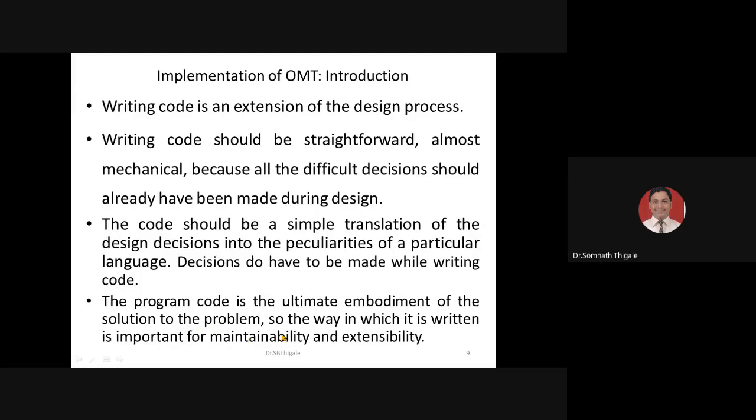The way in which it is written is important for maintainability and extensibility. Among the advantages of object oriented programming languages, one of the highlighting advantages is extensibility. Suppose I have developed the system for 100 students, and in future I get 1000 students. Whatever programming I have done, I can extend it up to 1,000 also.